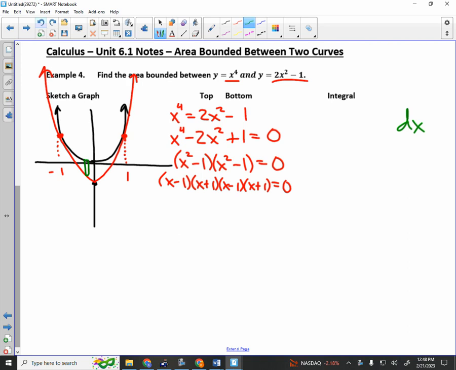Which one's on top? x to the fourth, minus the bottom function, which is 2x squared minus 1. So that is the area of one rectangle. How many rectangles do you want? You want an infinite number, so you slap on an integral sign that goes from, right away, negative 1 to 1.